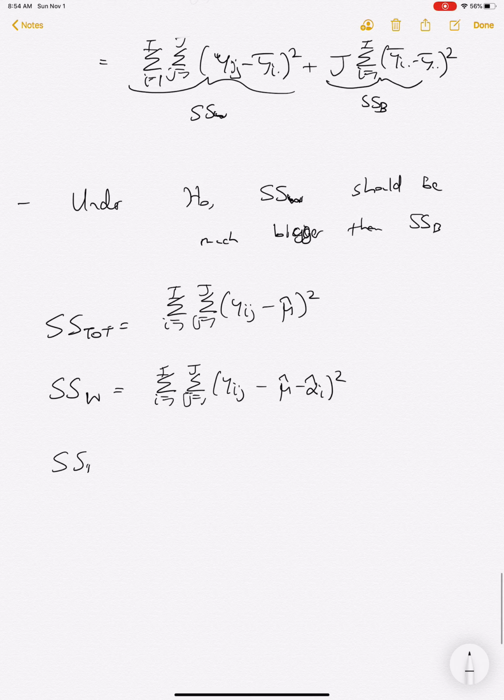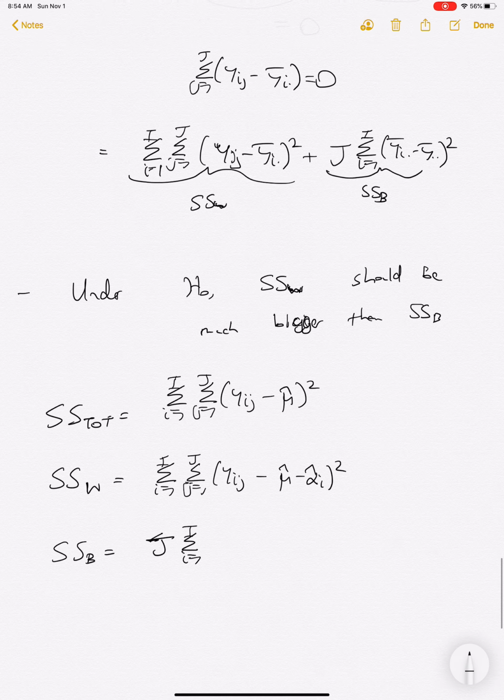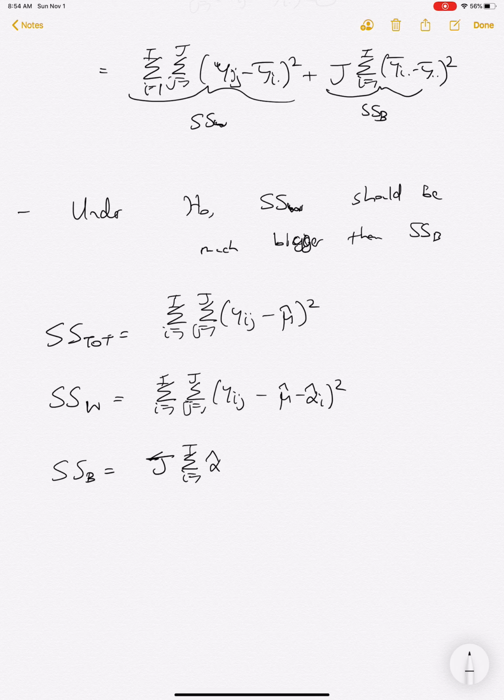And the SS between is just equal to J times the summation i equals 1 to I of alpha hat i squared. That's another way to interpret this. Clearly, if the alpha i should in principle be 0, then that SS between should be very, very small because the alpha hat i's should hopefully be very, very small.